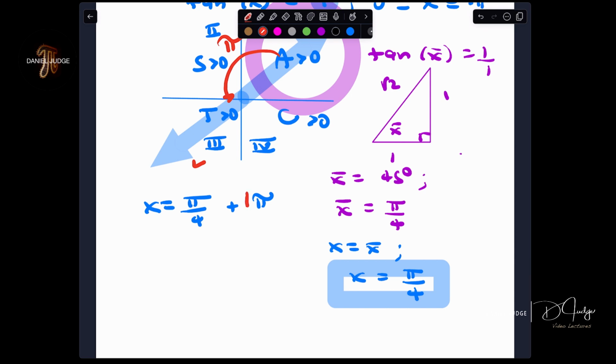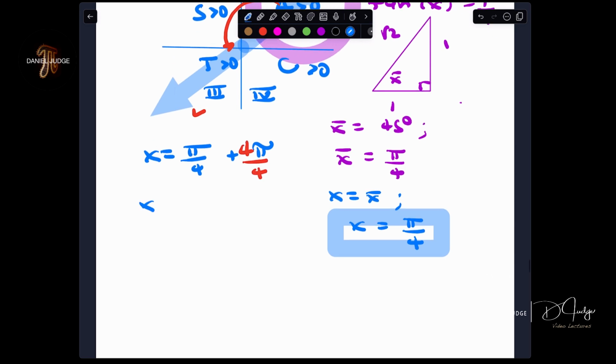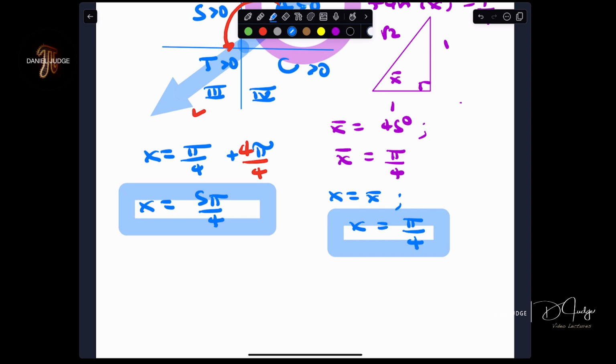And so let's add a fraction with a whole number, and you get 5 pi over 4. So here's my second solution: pi over 4, 5 pi over 4.